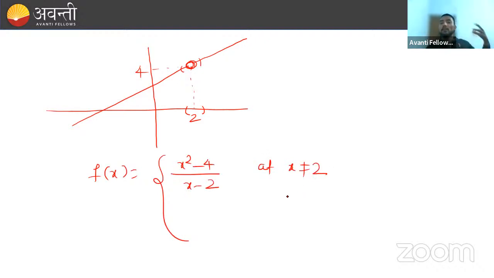Only the point 2 I have removed, and at x equals 2 we have defined another value, that is 4, because we know that LHL and RHL is 4 only. So the function is defined. Now you can see this function is continuous.